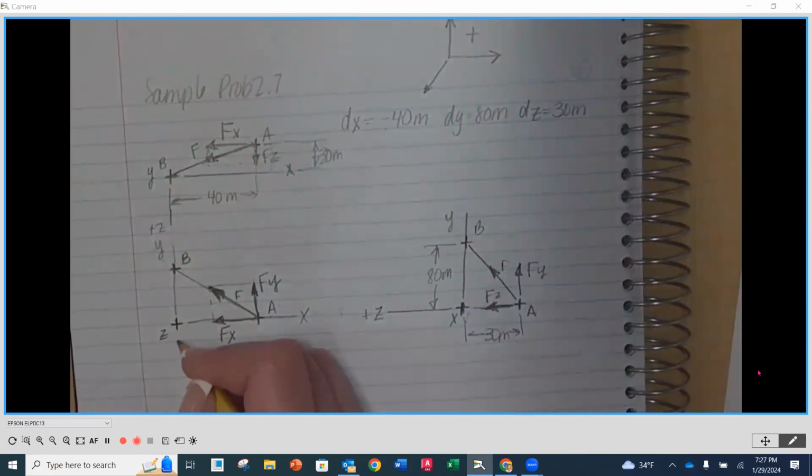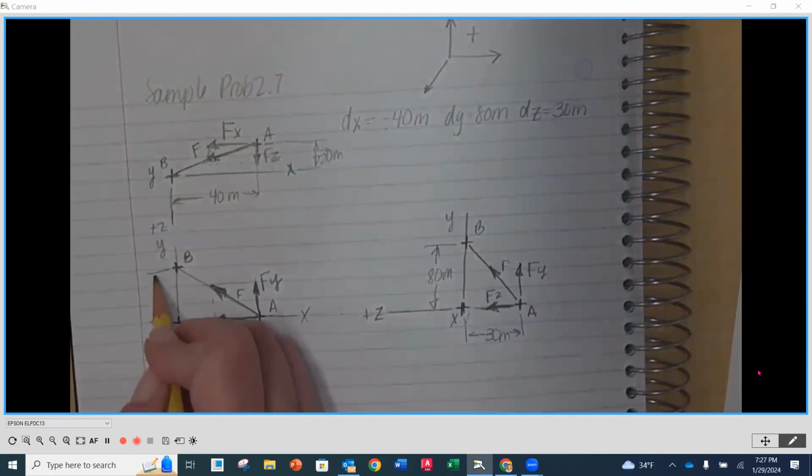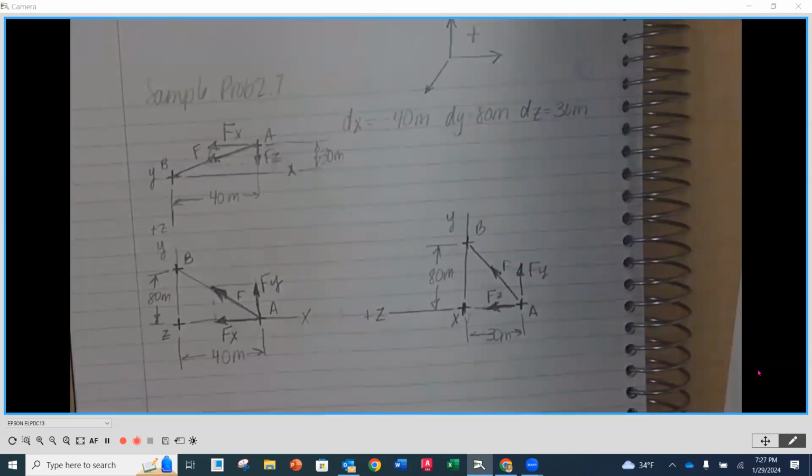Oh, and I didn't do these dimensions. This is going to be 40. It's in orthographic projection. This is 80. So just to give you a little bit of perspective of where we're at, because A is offset from the x-axis, we can't use just the x and y components anymore. We have to put that z in there.